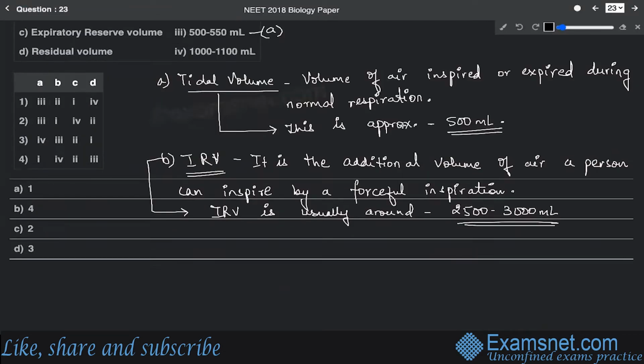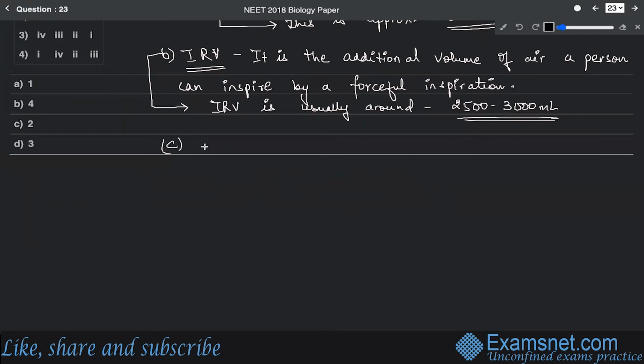Then, expiratory reserve volume. Expiratory reserve volume is just the opposite of the inspiratory reserve volume. This is basically forceful expiration.